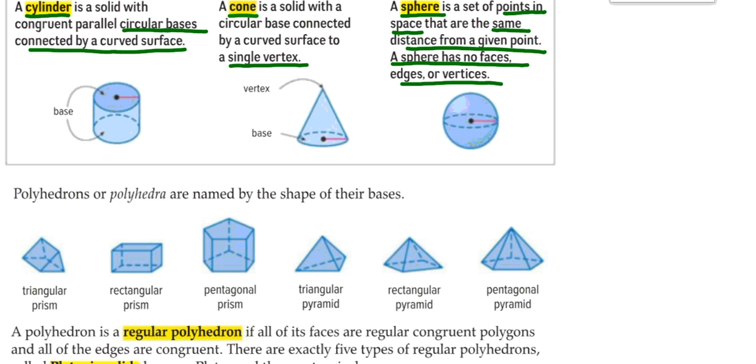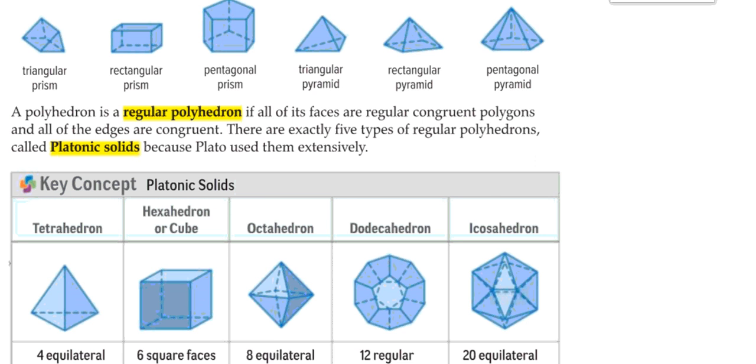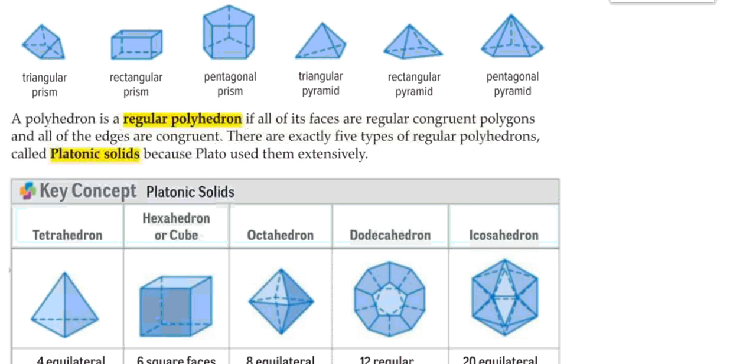This is a hexagonal prism, and we have to find the bases that have the same shape, and then the other faces are all rectangles as we go. So I'll just read through those: triangular prism, rectangular prism, pentagonal prism, triangular pyramid, rectangular pyramid, pentagonal pyramid. And so those are just general polyhedrons.